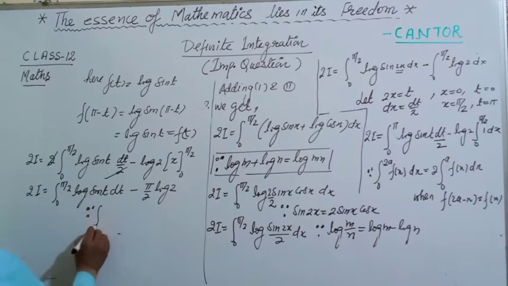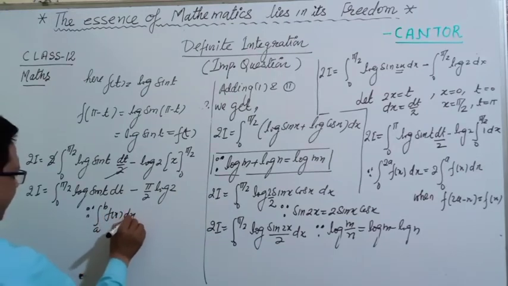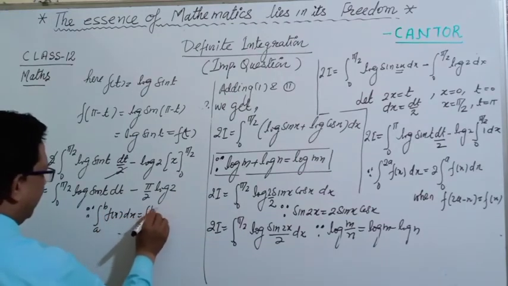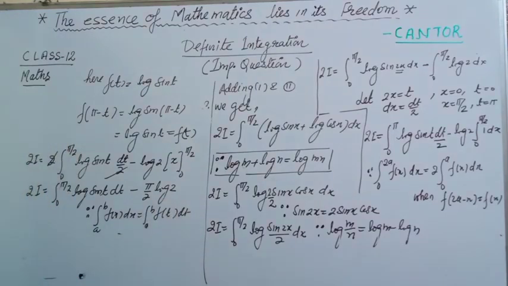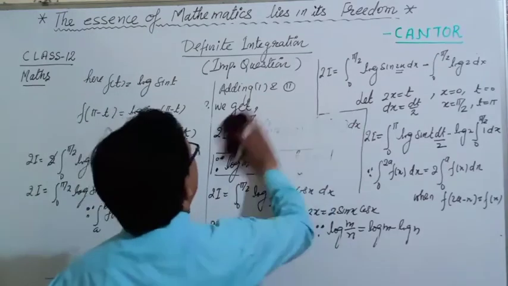And here we apply the property first. If the integral from a to b of f(x) dx is equal to the integral from a to b of f(t) dt, so this is same. So here we write this.